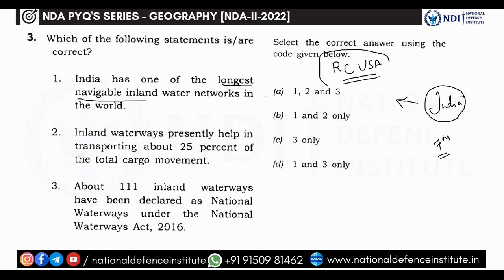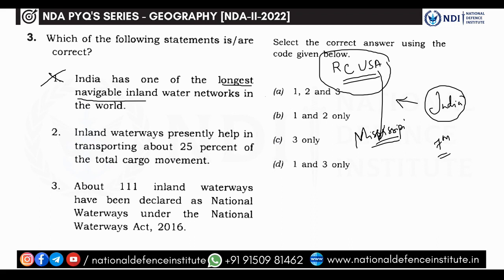So with that idea we can eliminate it, because it is not the one having the longest inland navigable waterway. The Mississippi is the river having the longest inland waterway, and that is in the USA. So that option is wrong. When one is automatically wrong, you can come to the options.